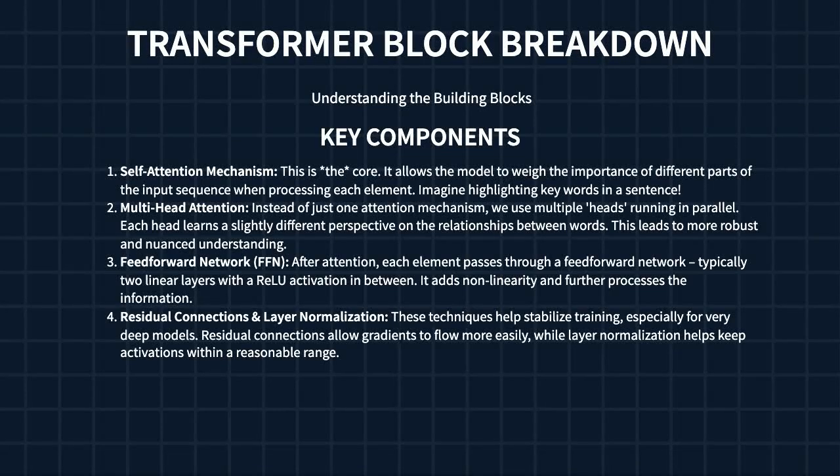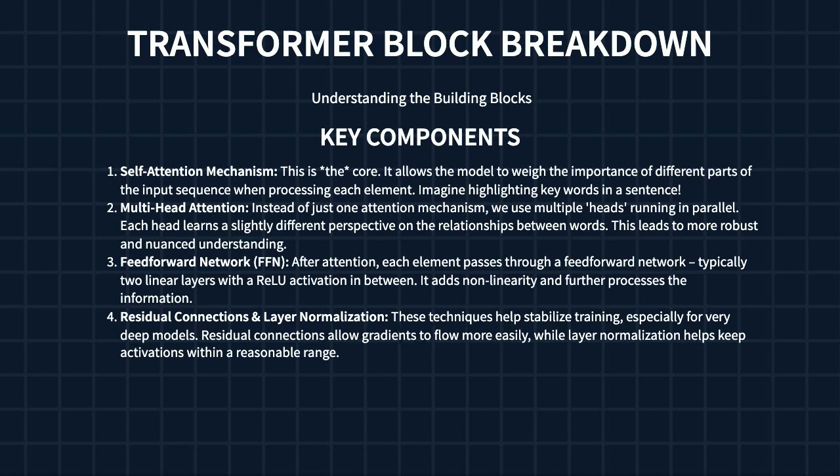Okay, let's dive into how a transformer block actually works. The heart of these powerful models is the self-attention mechanism. Think of it as a way for the model to really focus on the most important parts of an input sequence. Instead of just processing things sequentially like older models, it considers all elements simultaneously and assigns them different levels of importance.